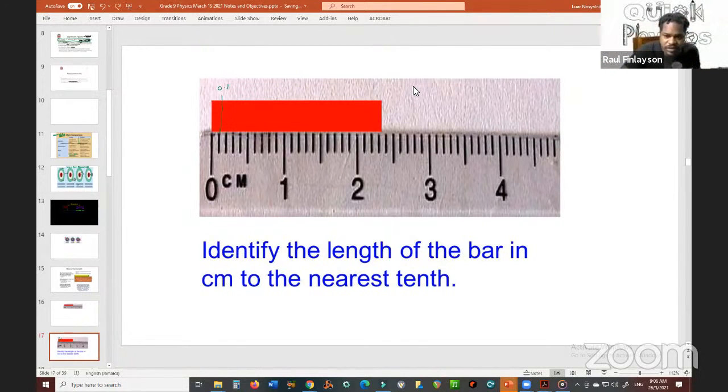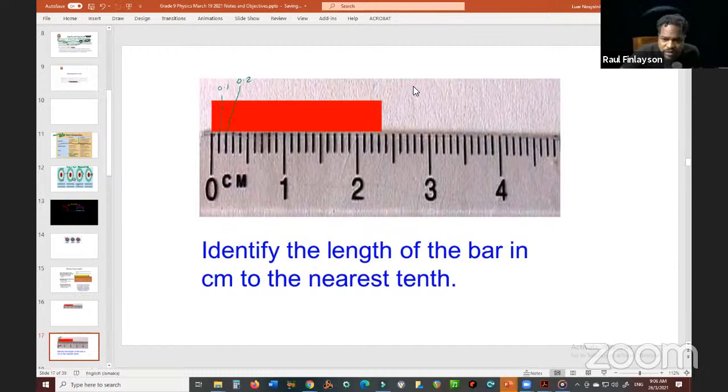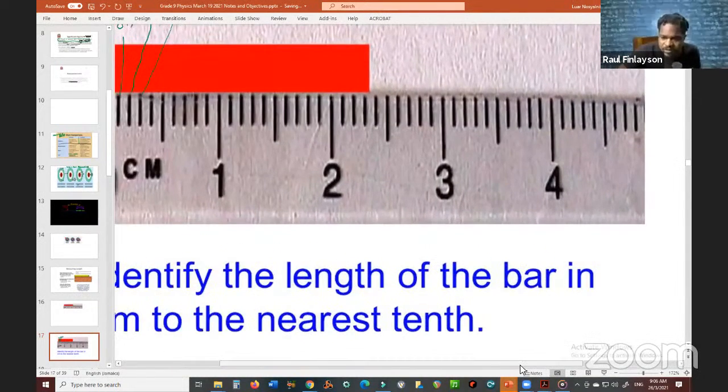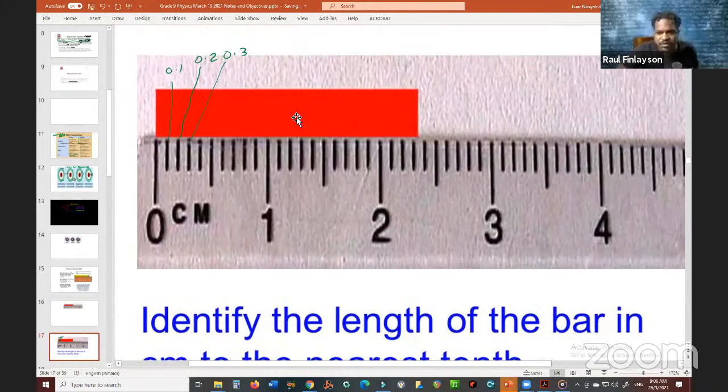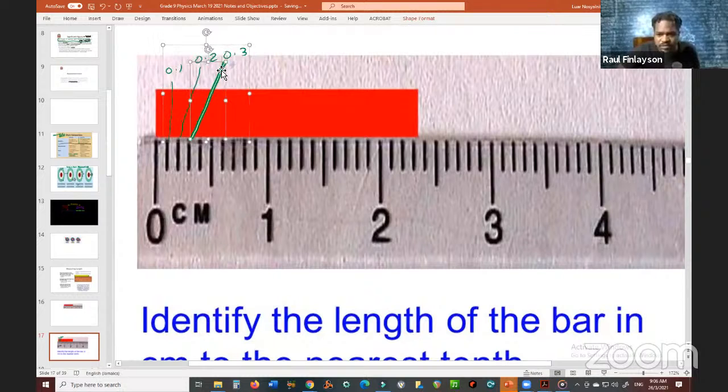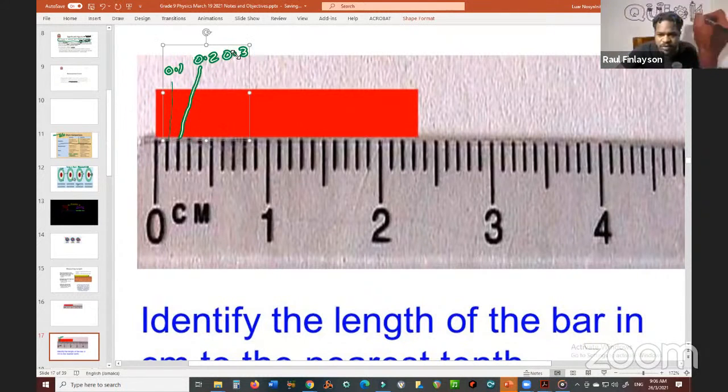Let's get this line; it's going to be 0.2. This one will be 0.3. If we could zoom in so we can get that separation of the numbers so it's not confusing, let's move these numbers and fix it up.